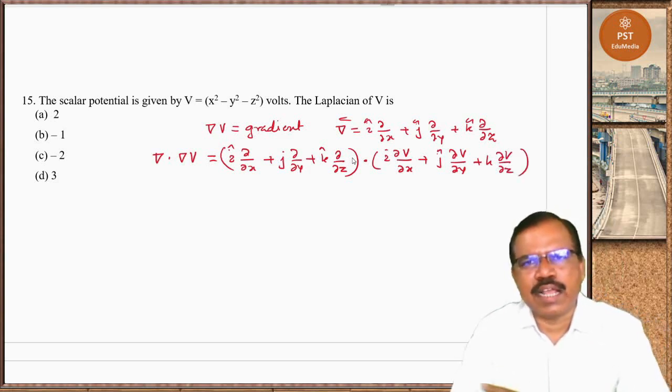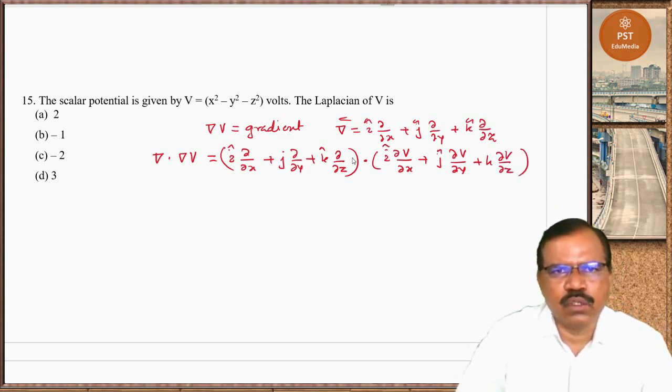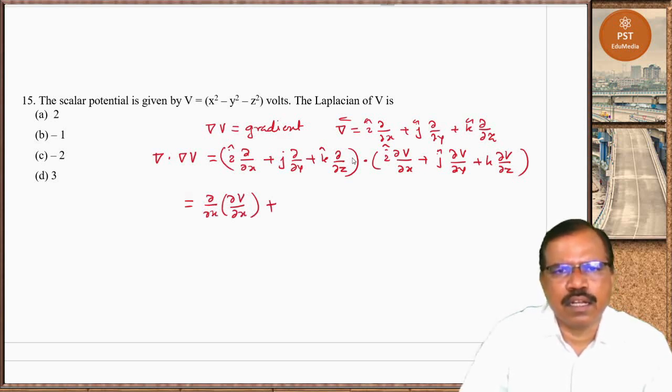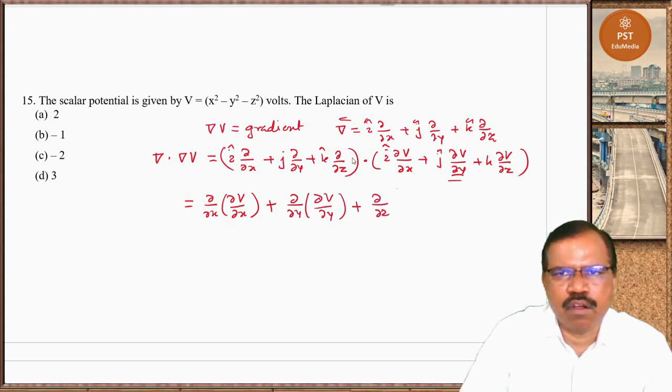Now here i dot i is 1, i dot j is 0, and so on. So if we take this, we will get ∂/∂x of ∂V/∂x plus ∂/∂y of ∂V/∂y plus ∂/∂z of ∂V/∂z.